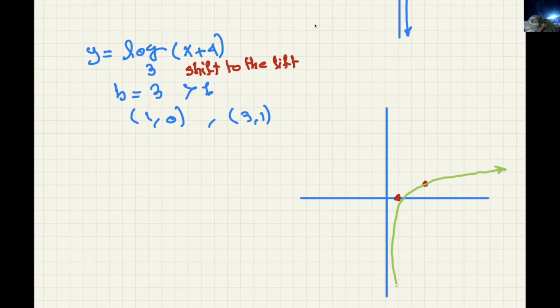Okay. So again, the function doesn't touch the x-axis or the y-axis. So here is the point. This point is 1 and 0, and this point is 3 and 1.